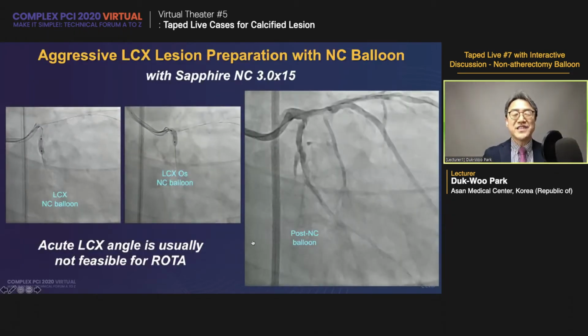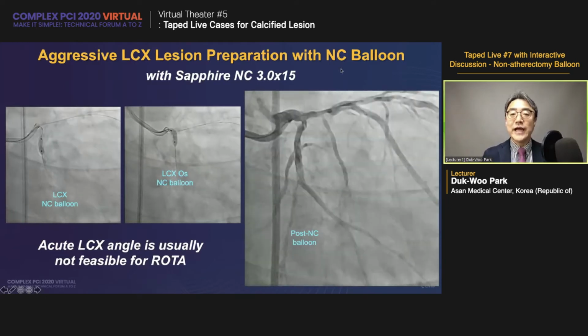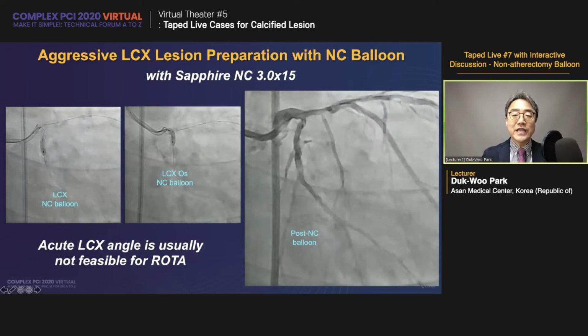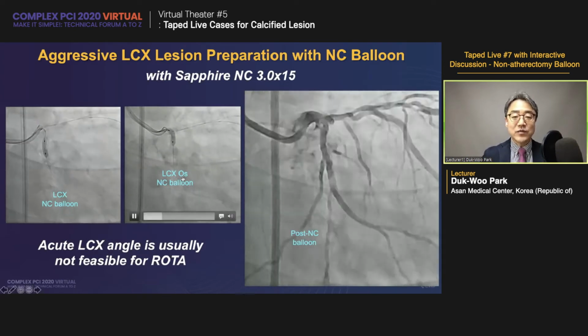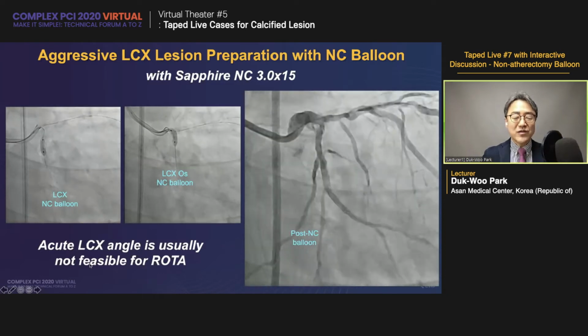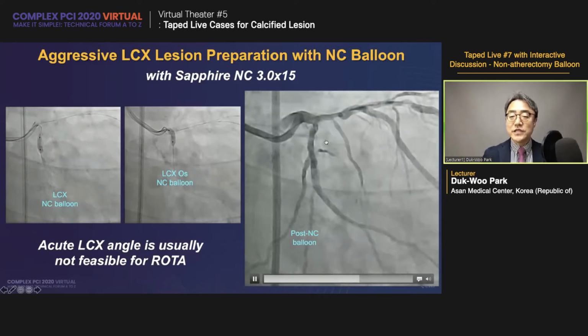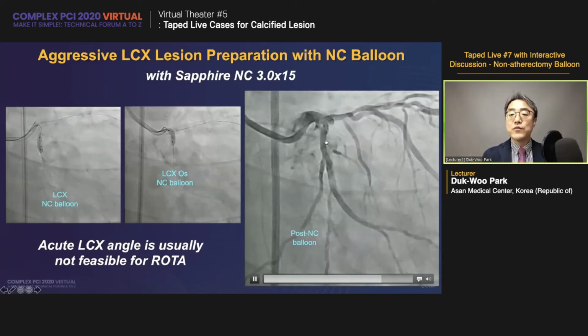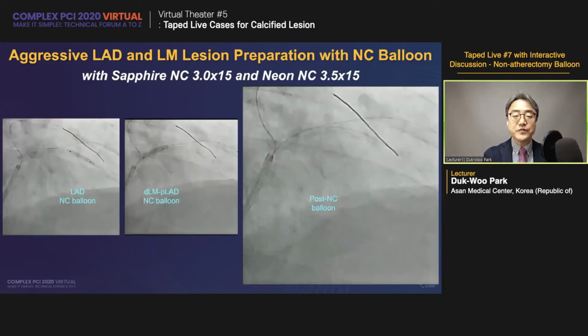So we decided on very aggressive LCX lesion preparation with the NC balloon, using Sapphire NC 3.0. We did the LCX NC balloon; the acute LCX angle is not feasible for rotablator. After aggressive NC ballooning, we could see much improved lumen and a much improved angle of the LCX ostium.